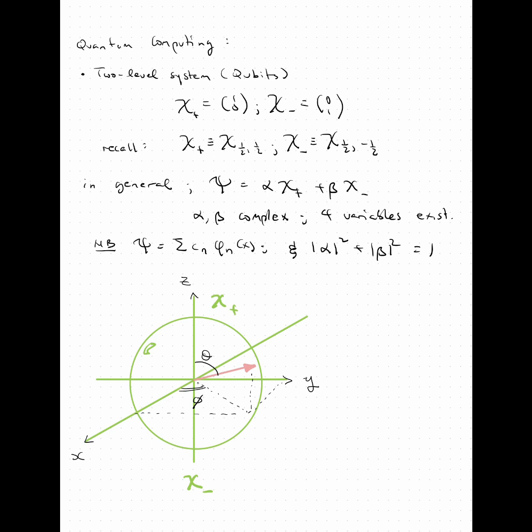And what we can do is describe our wave function psi in terms of a Bloch sphere, and we can write psi is equal to cosine of theta over 2, where theta is this angle here, plus e to the i phi times sine theta over 2.